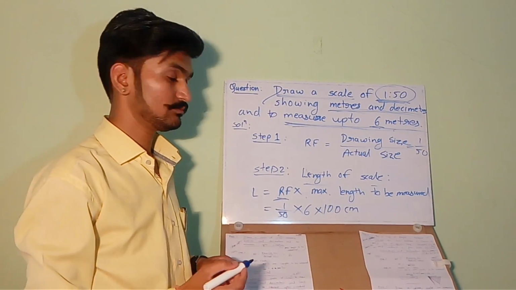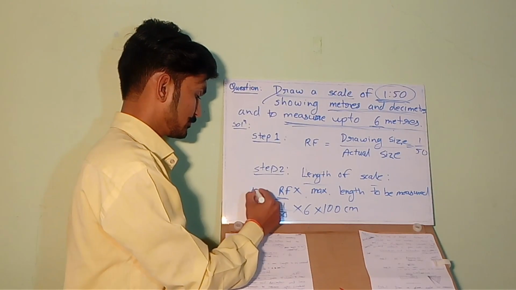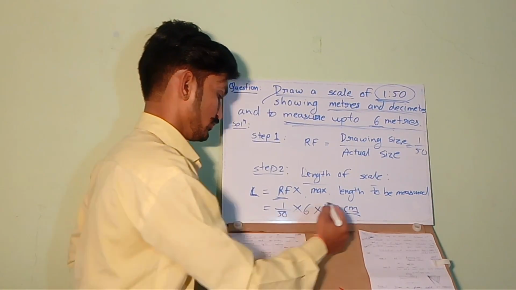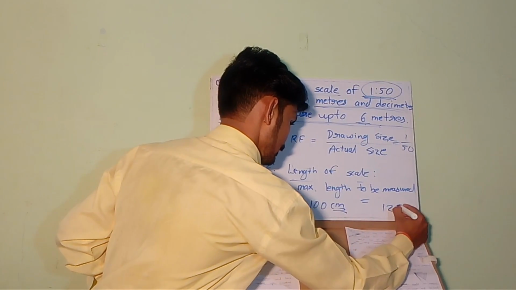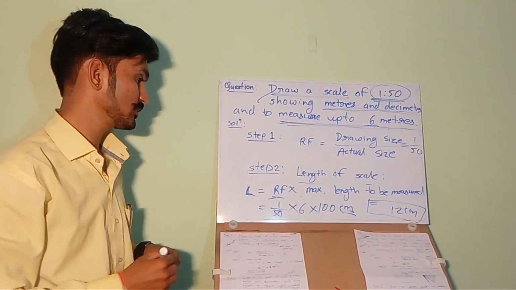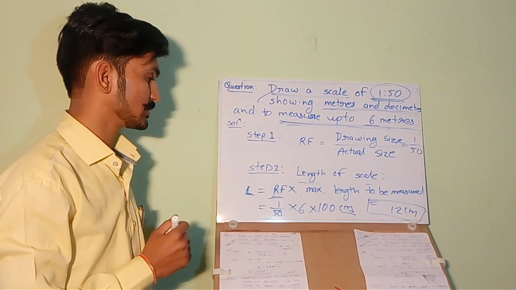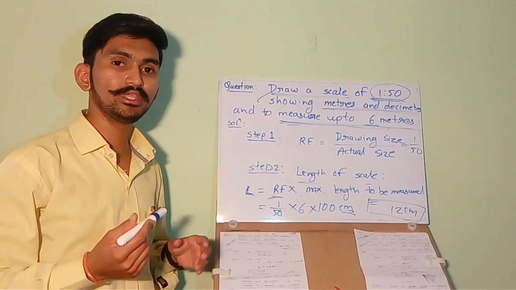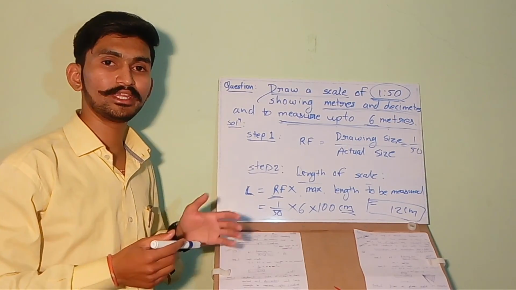Why are we multiplying by 100? Because we will get the length of the scale in centimeters. So the length of the scale is 12 centimeters. Now we have the length of the scale and RF.